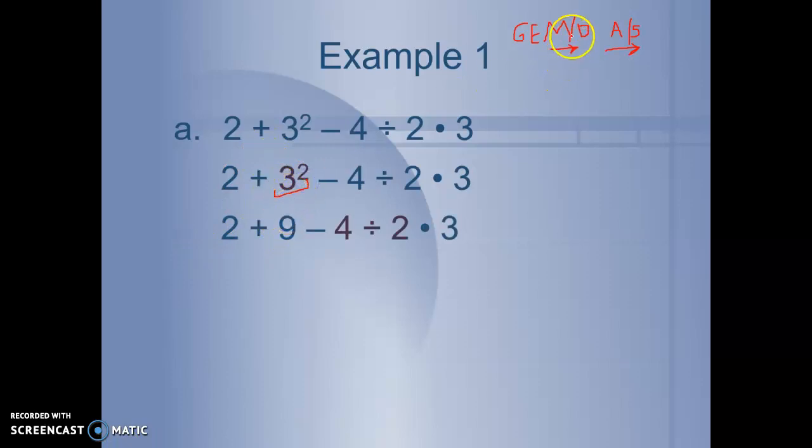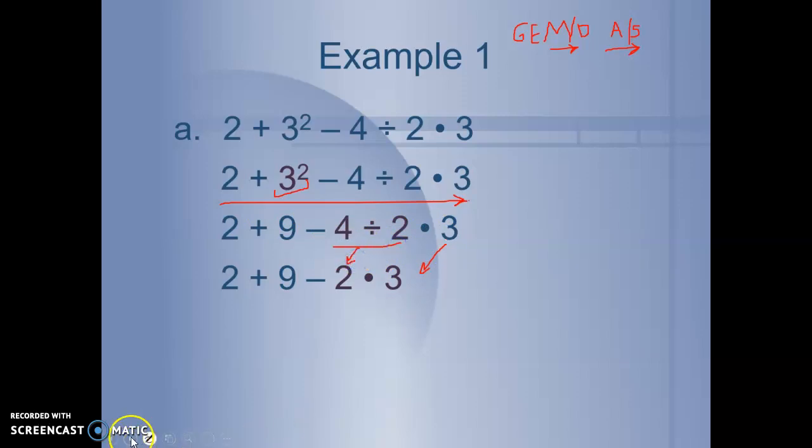Next, we do multiplication and division from left to right, and we see moving from left to right, we've got one division followed by a multiplication. So we're going to do division first since it's on the left, followed by multiplication. 4 divided by 2 is 2. And then we get to that multiplication problem here. So this was simplified to 2, and we've got times 3.